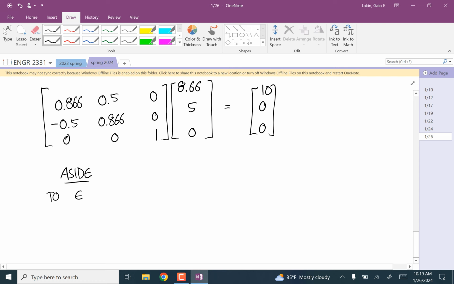To express an A vector, A is the original coordinate system, and B is the desired coordinate system.